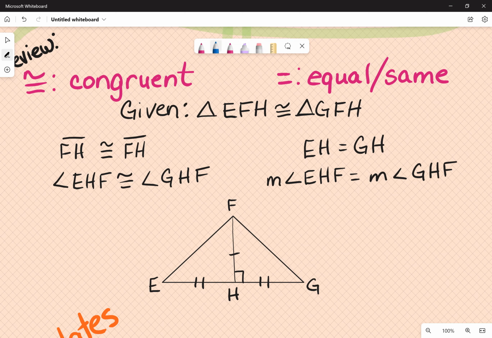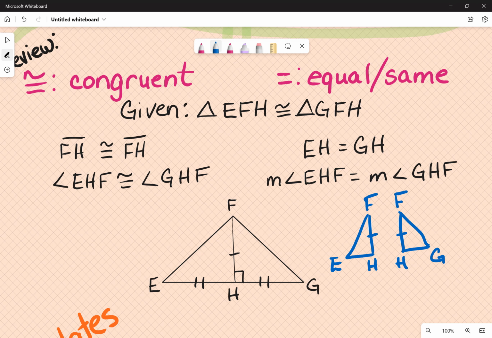And for FH, you could see it better if you took those triangles apart. So if I took the triangles apart, F would still be on top for both triangles. E is here, H is at the bottom for both, and G is on this side. So what it is telling me is that FH is going to be congruent to itself if I took the triangles apart.